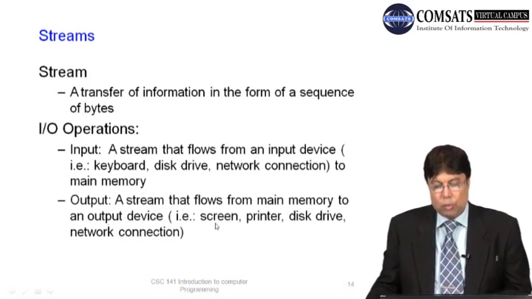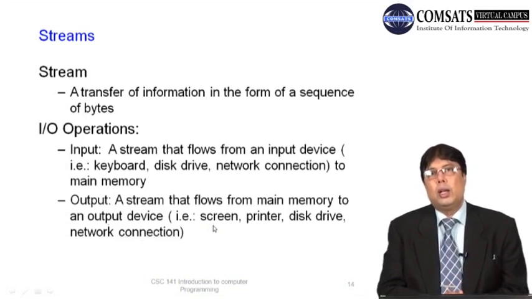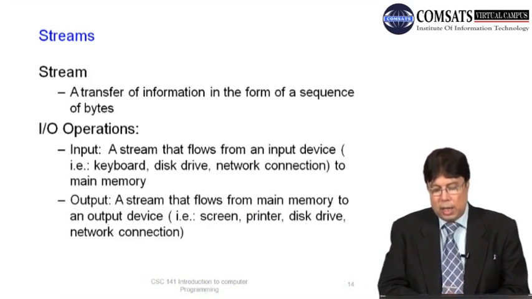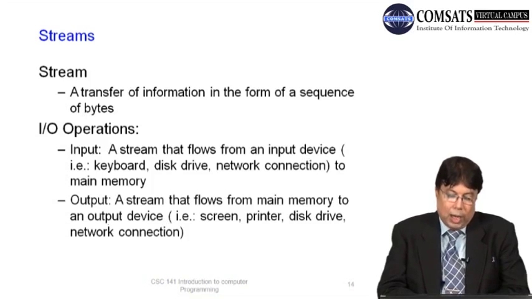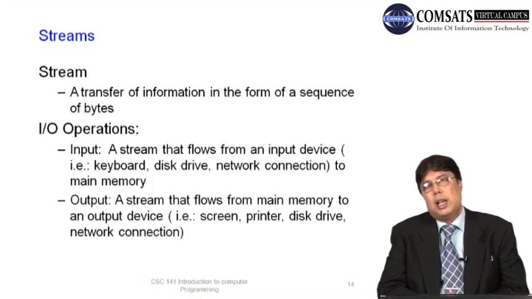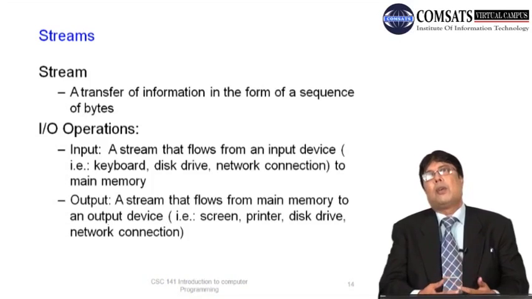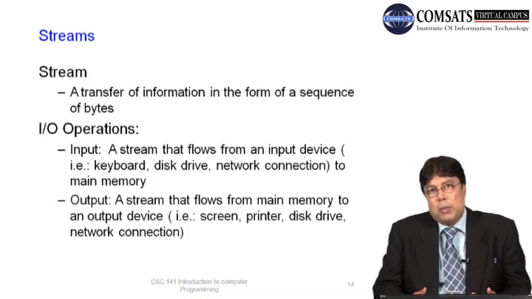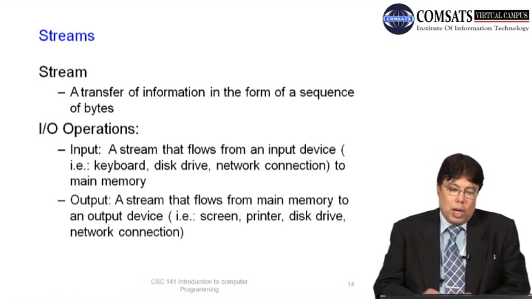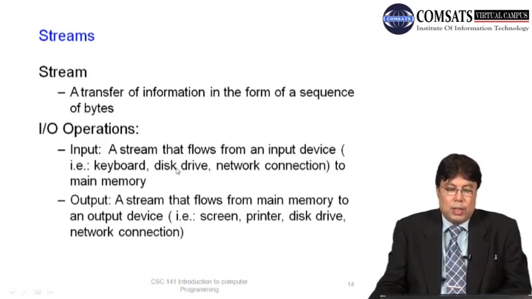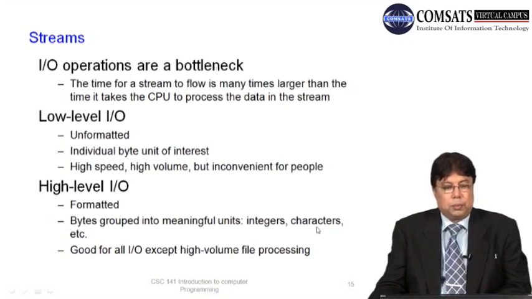In our case the output device is the screen, although you can use another output device such as a printer, or even the disk. In file processing, we used the disk as an input stream to read data from the disk into the memory of the computer and then displayed it on the screen. So your disk can be considered both an input and an output.